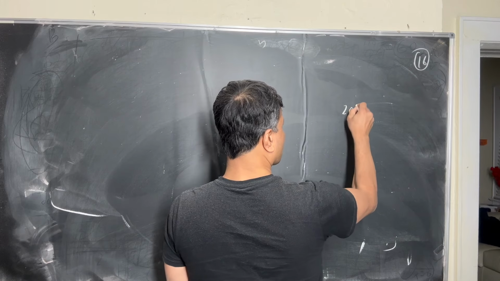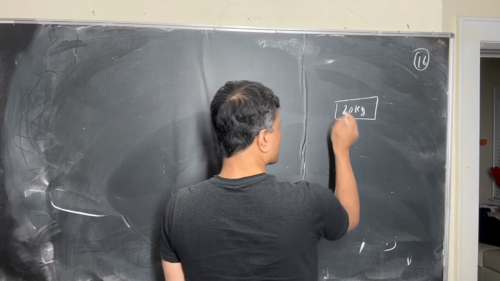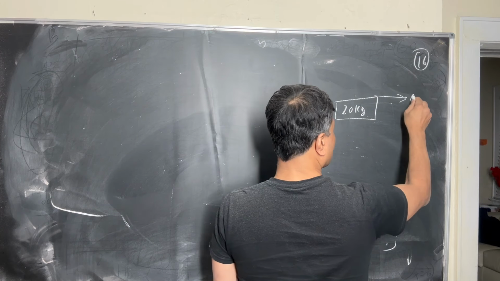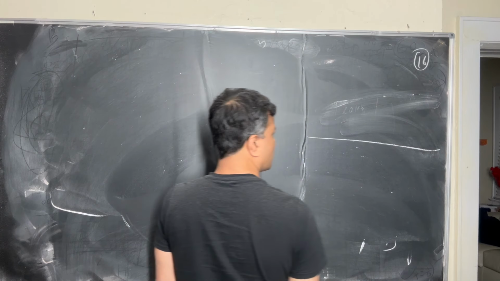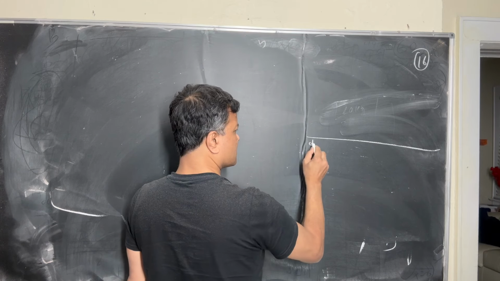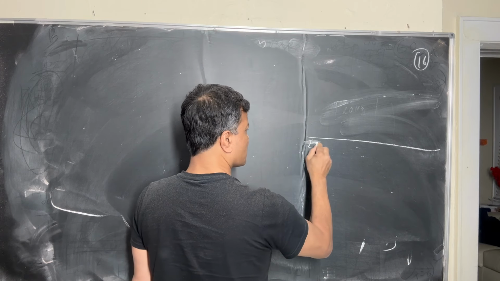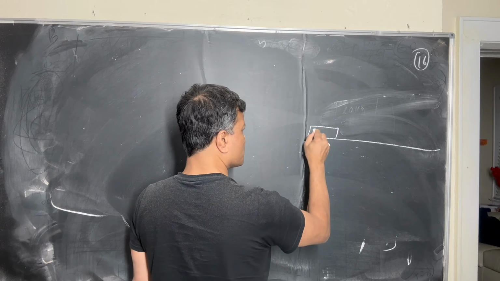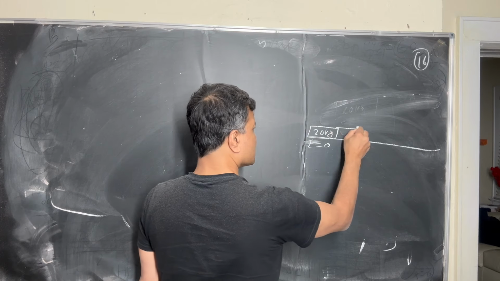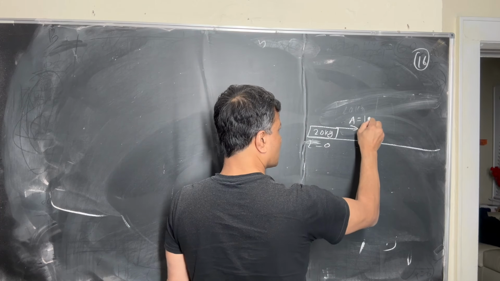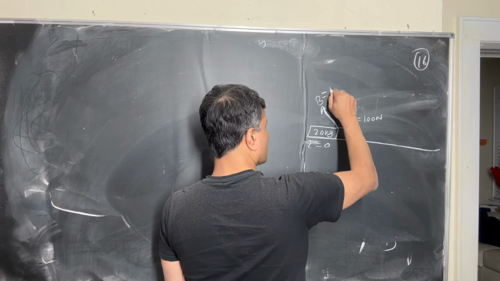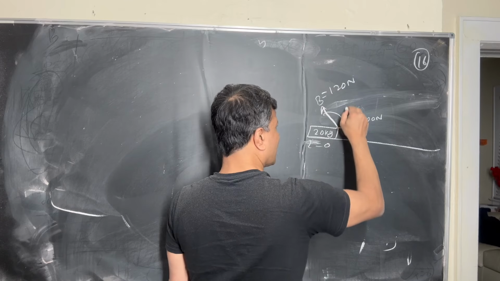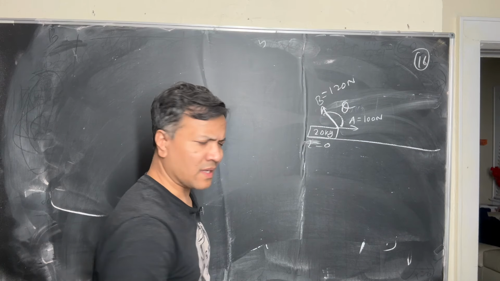You have a 20 kilogram object, 2 forces acting on it. Force A, which is 100 Newton. Oh, well, I can do it better. I can say at t is equal to 0, there is a box which is 20 kilogram. There is a force A, 100 Newton, and there is a force B, which is 120 Newton at an unknown angle.